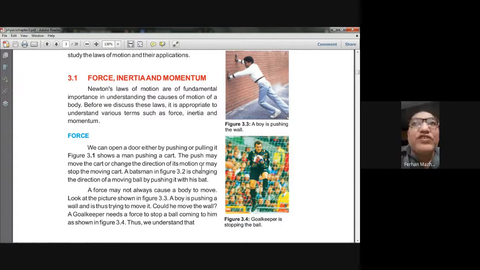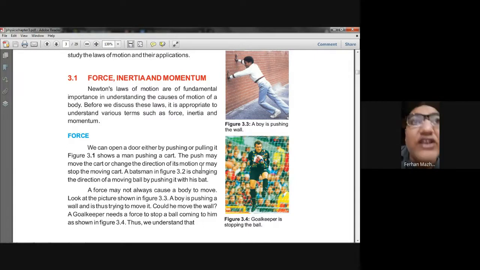So you see, whenever a force is applied on a body, there can be some visible effect in the state of motion. The body might start moving, the body might stop moving due to the application of the force, the body might start moving faster, or the body might start moving slowly.